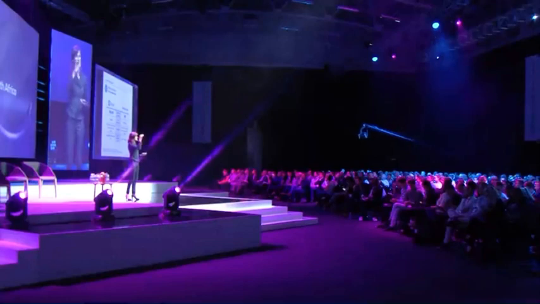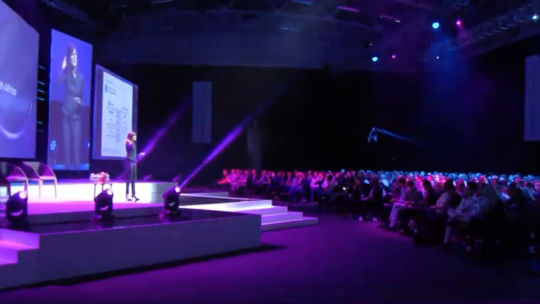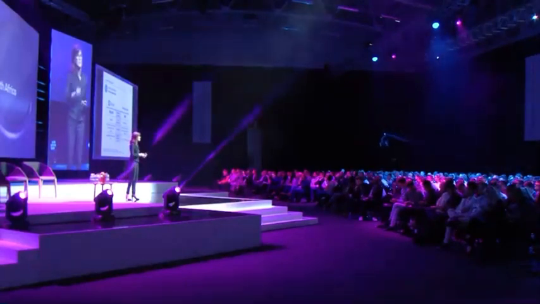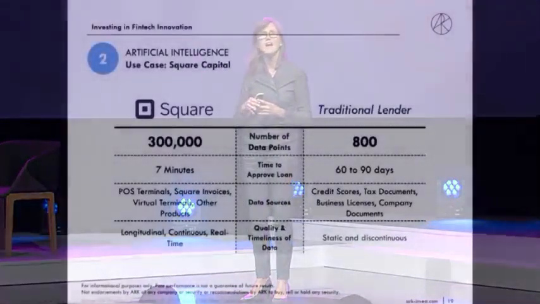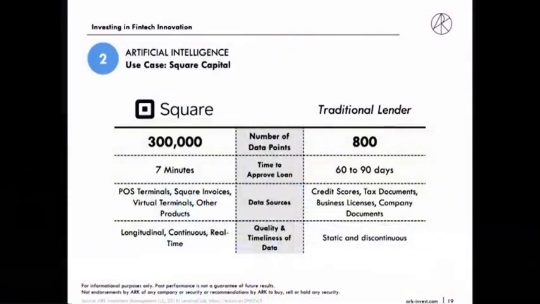But look at the difference between Square and a traditional lender. It has 300,000 data points to make decisions on, whereas a traditional lender has 800. It's able to make these decisions in 7 minutes, maybe not 2 seconds, like Amin said for Alipay, but 7 minutes compared to 60 to 90 days for a traditional lender in the world of small business is a world of difference.